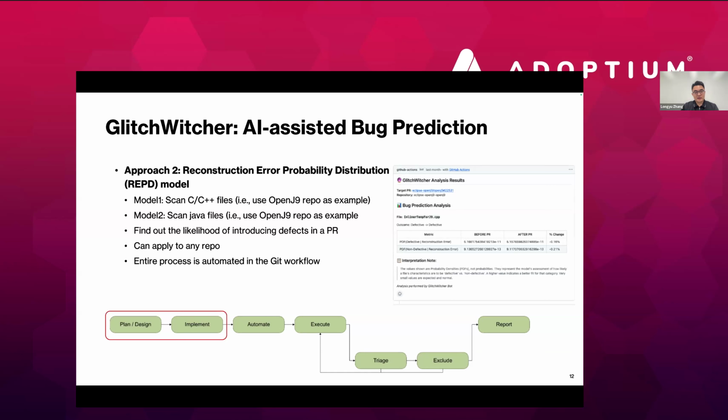And then we found the likelihood of introducing defects in a PR. So when we open a pull request, we will scan the files that got changed in the pull request to say if it is possible that it can cause test failures.